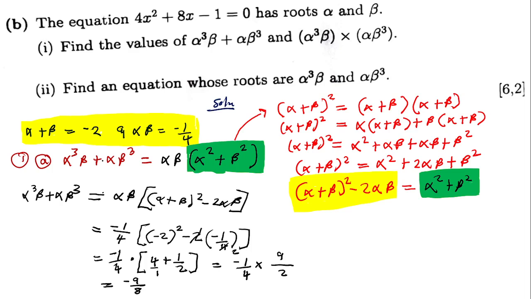So this is acting as the sum, and that is acting as the product. So when you do this, you have found this one. Now you need to look for the other one. So let's quickly look for the other one.